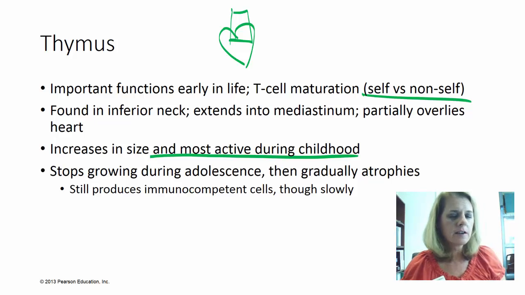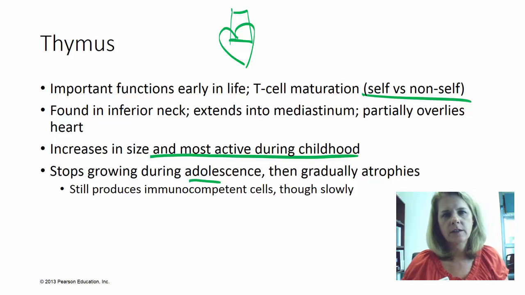Things are a little different now because we do travel more globally. But then, of course, we have things like vaccines that can help us with things that we've maybe not encountered before. So we'll cover a little bit more of that when we do immunity. So again, when you get to adolescence, it will actually start to stop growing, it will atrophy, and it's really hard to find. You may have very little, if any, as an adult.